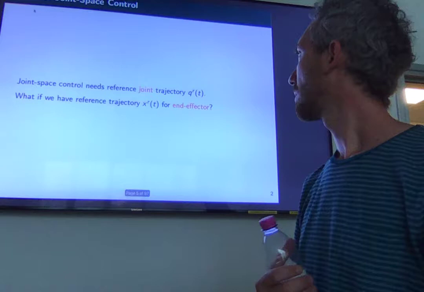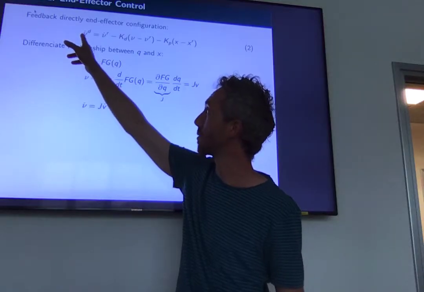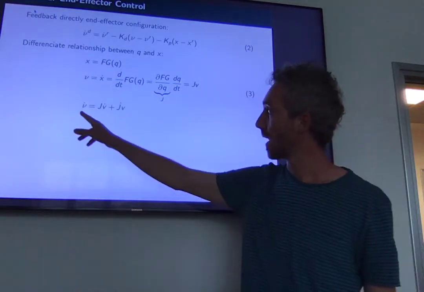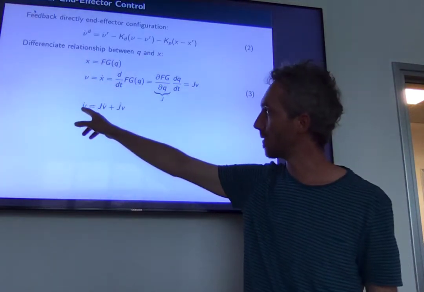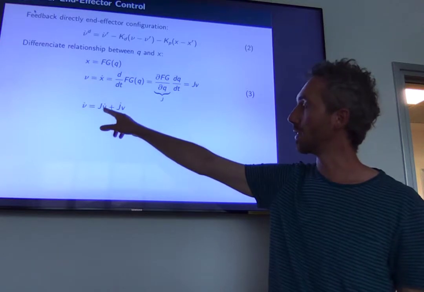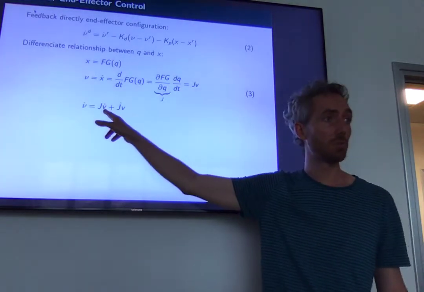But I'm not satisfied yet, because we are working at the level of accelerations, not velocities here. So I need to differentiate another time. Well, it's easy. Jv becomes J v dot plus J dot v. This is the acceleration that I would like to get at the end effector, and this is the relationship between end effector acceleration and joint accelerations.